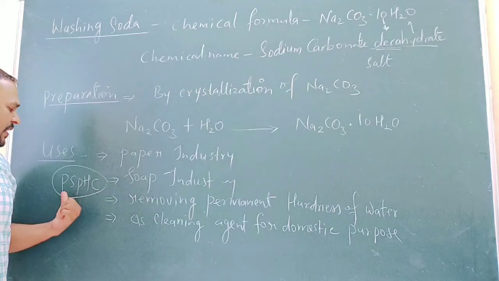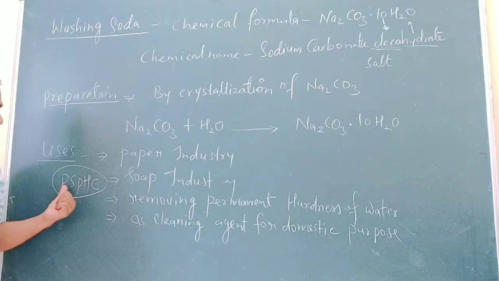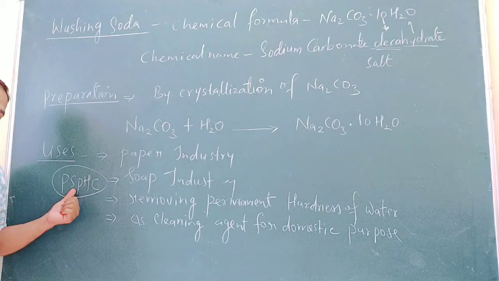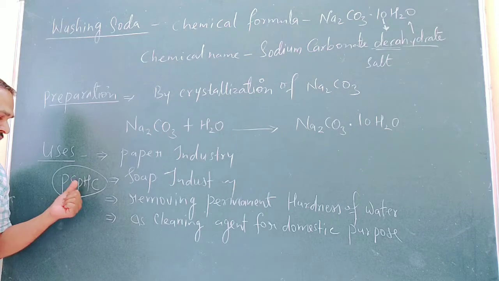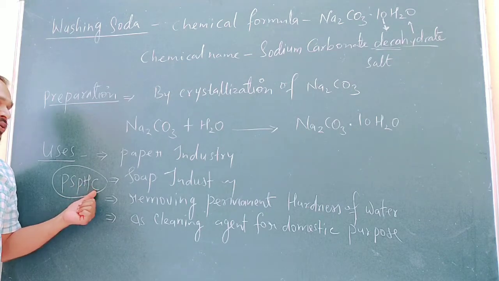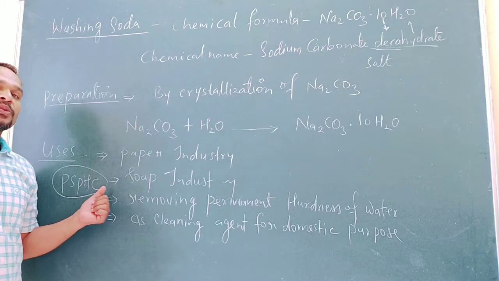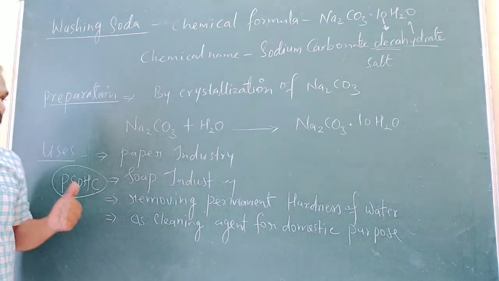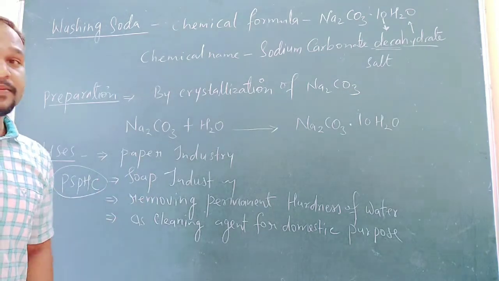Where it is used, you can learn by PSPHC: paper industry, soap industry, removing permanent hardness of water, and as a cleaning agent for domestic purposes. Now, I hope it is clear.